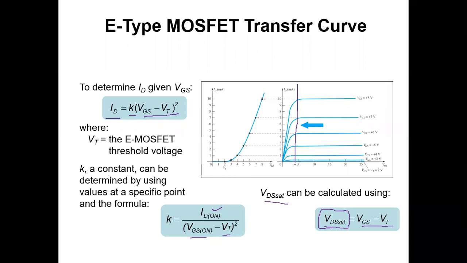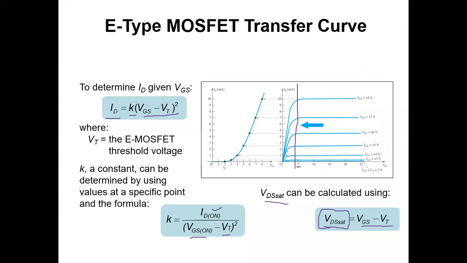So here you can see if you are putting VDS equal to 5 volts and your VGS is 6 volts, then it is 6 minus 2, that is 4 volts. So that means when VDS is equal to 5 volts, your device is in the saturation region.